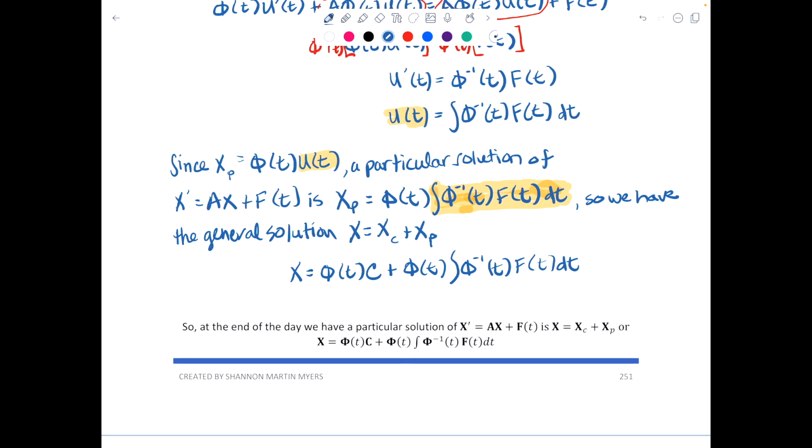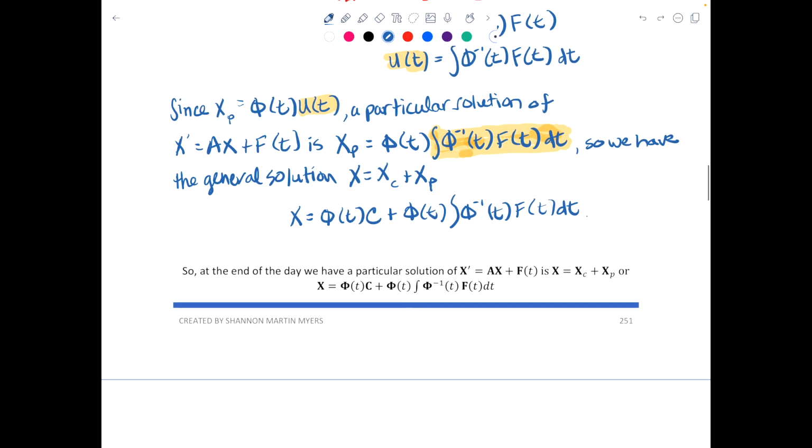Cool, cool? And so I don't know if that's really a proof. It's just really a, hey, this is where stuff comes from. All right, so at the end of the day, I just wrote it down here, basically the last two lines, so you'd have it in print.